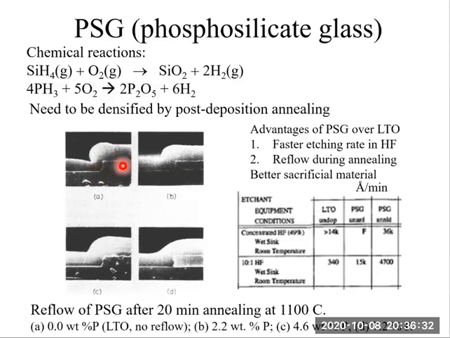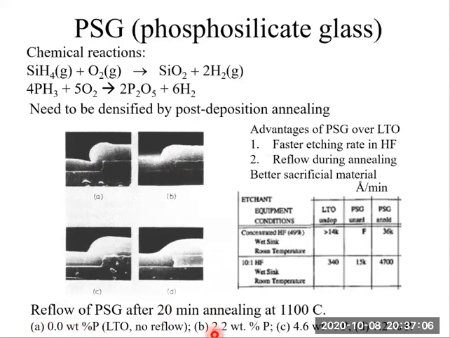And this is consistent with our previous discussion: the thickness of thin film is proportional to the arriving angle. So this convex corner has the thickest film, and this concave corner has the thinnest film. That's what we expected. So no reflow with 0% P.